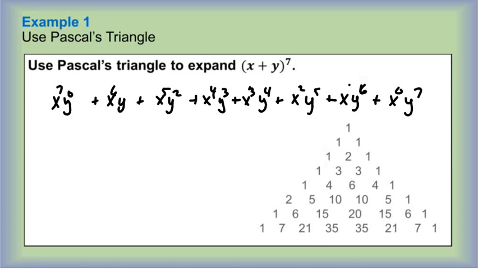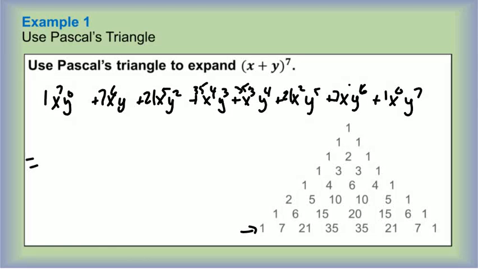Now I just have to put my coefficients, and if I use Pascal's triangle for it, I use row 7, and row 7 is right here. I just put the coefficients in front, so there was a 1, a 7, 21, 35, 35, 21, 7, and 1.